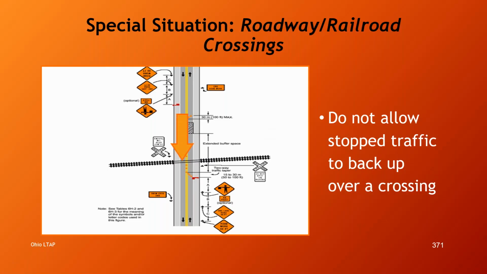Then here's a situation where we're flagging near a roadway railroad crossing, and the flaggers need to be able to communicate in order to ensure that we don't allow traffic to stop on the tracks.